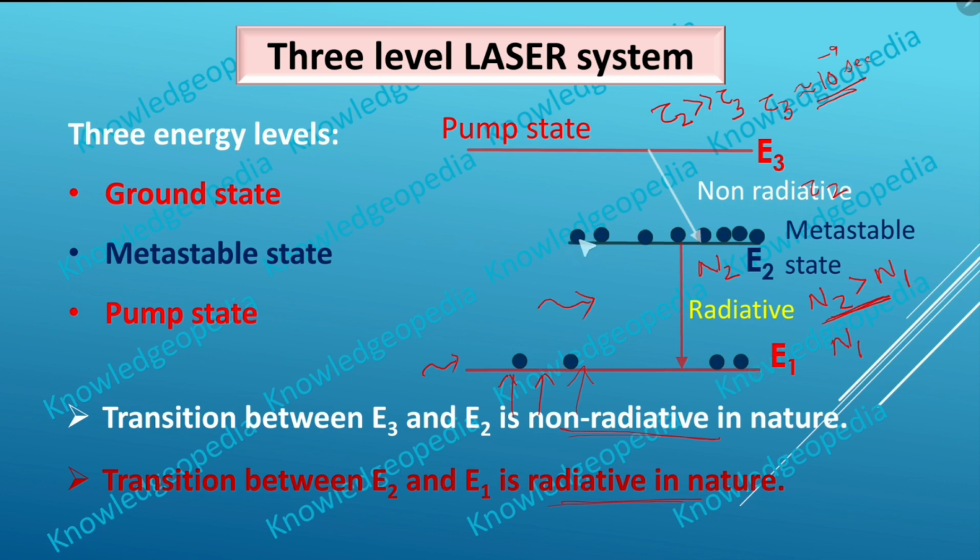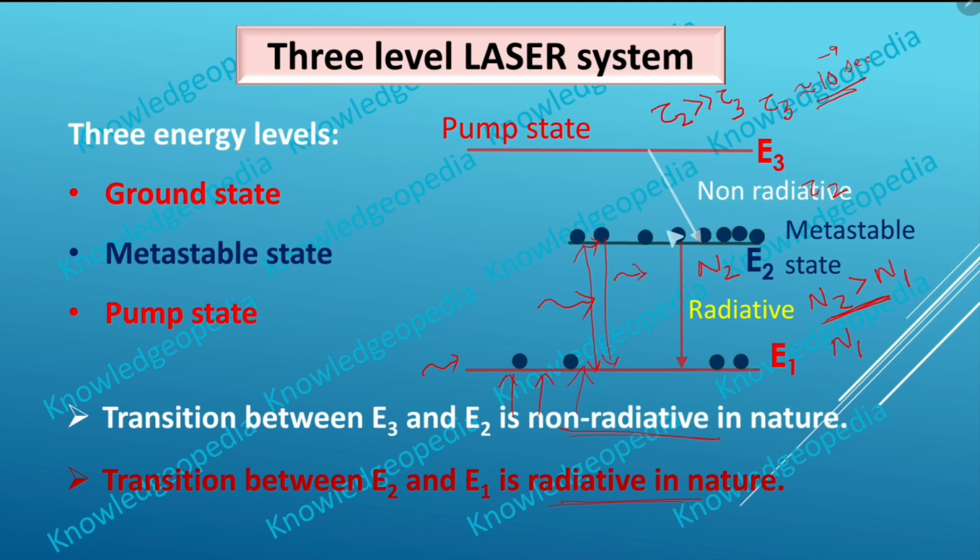This photon will trigger stimulated emission by stimulating the atoms sitting at energy level E2. If this photon hits an atom, it will also come down and emit one photon. So we now have two photons.